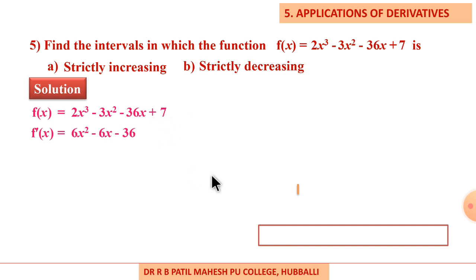Derivative of 7 is 0. Now if you take 6 as common, we'll get x square minus x minus 6.